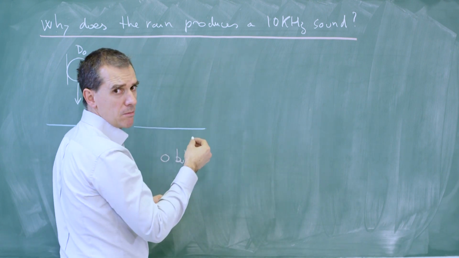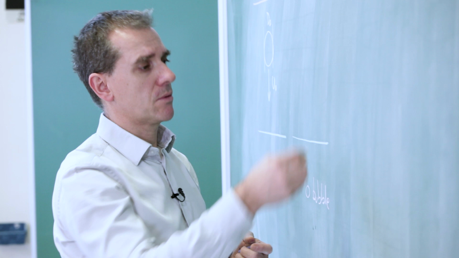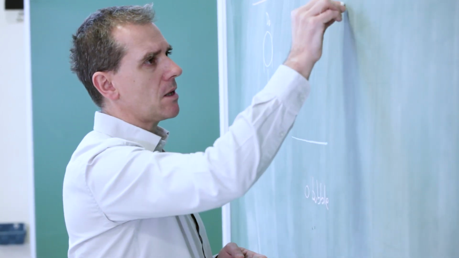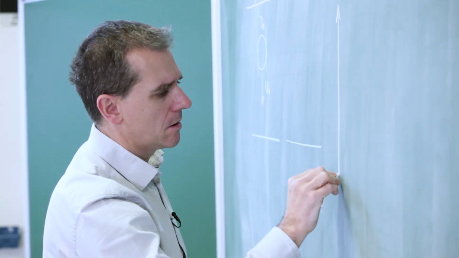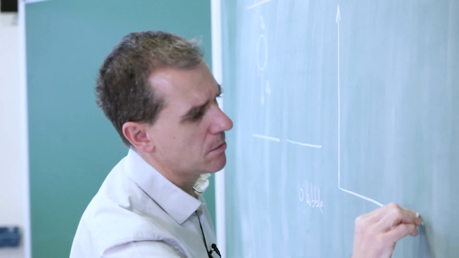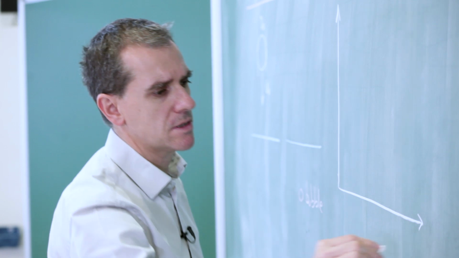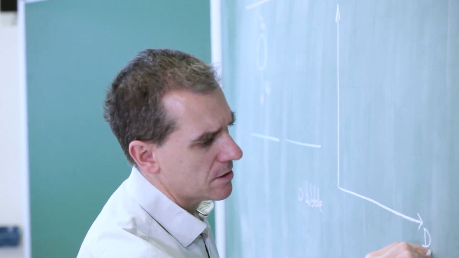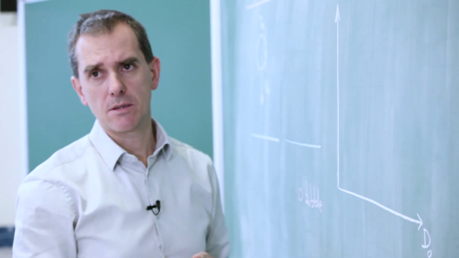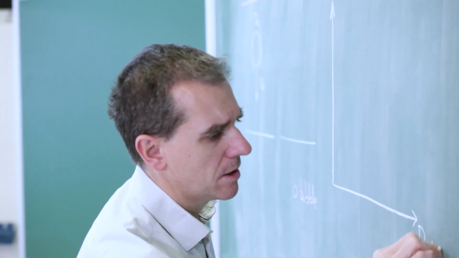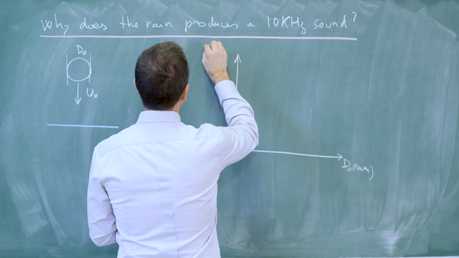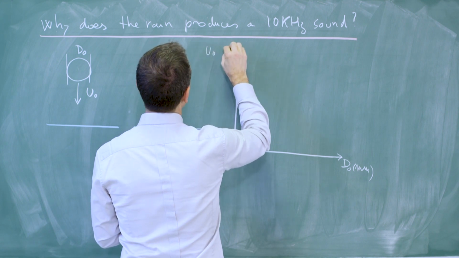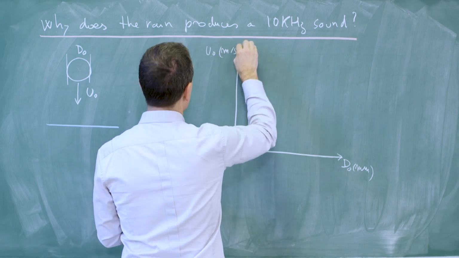So this will be the question that we will try to address. If we want to be a little bit more quantitative about the possibility to observe this bubble, what can be done is to plot the region in which bubbles are observed. So on the horizontal axis, I put the diameter d0 of the initial impacting drop, in millimeters. And on the vertical axis, I put the initial velocity of the drop, u0, in meters per second.